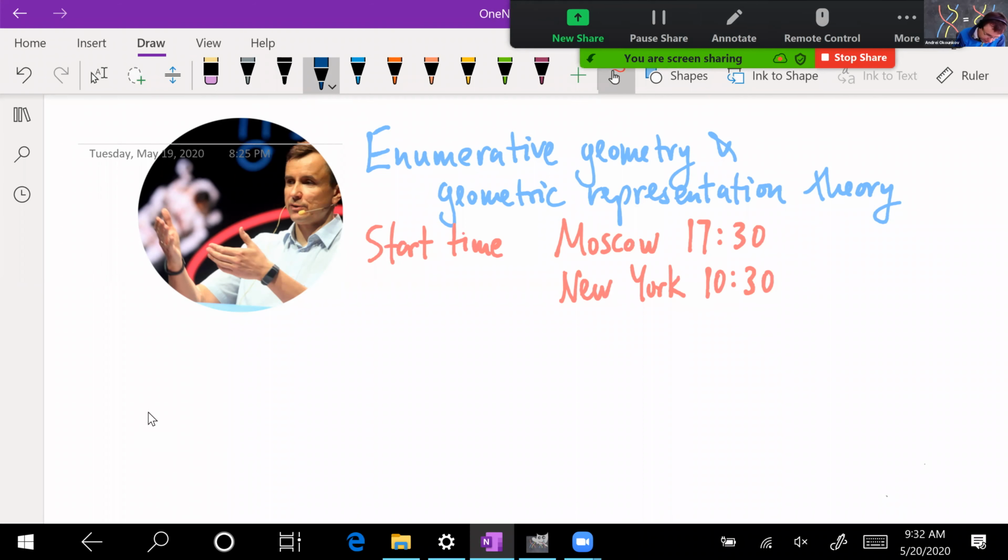We had a Riemann surface of some genus g with some marked points.